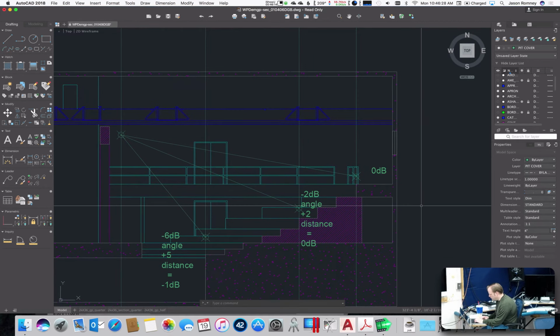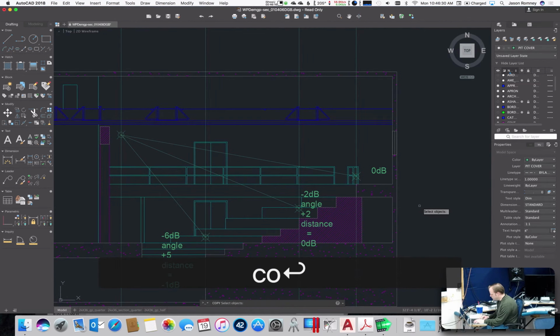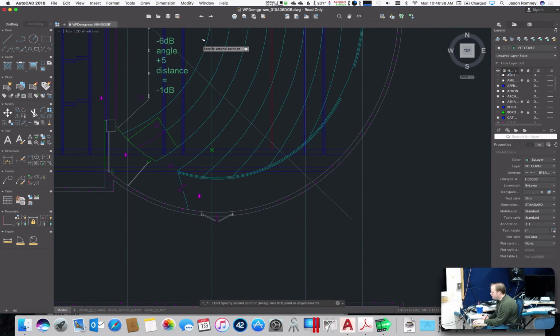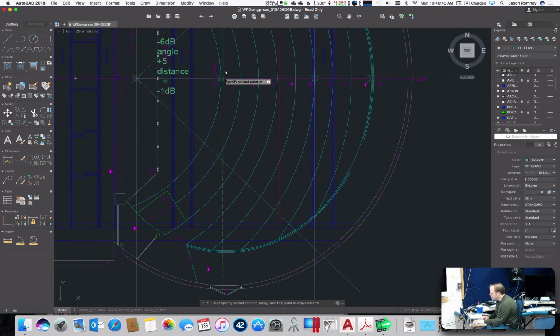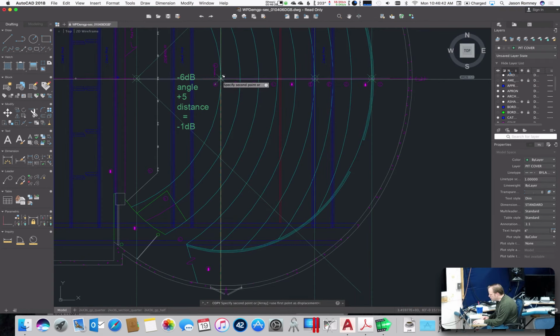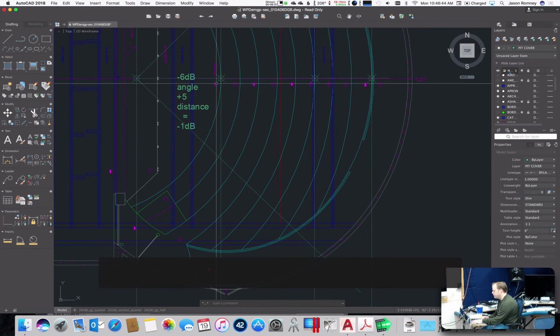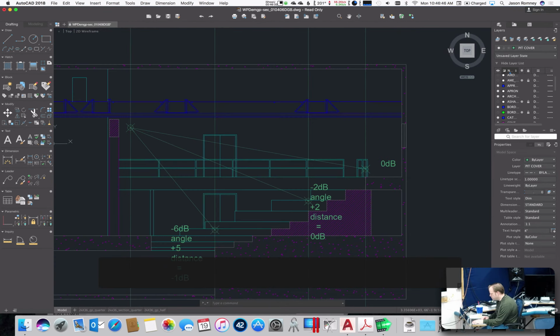Okay, so what I'm going to do now is take that data that I got and copy it up here to my ground plan view so that I have that information handy. Okay, so there's that one, and here's this one.